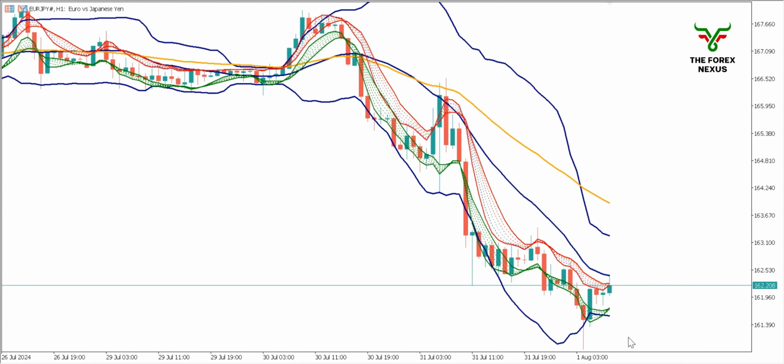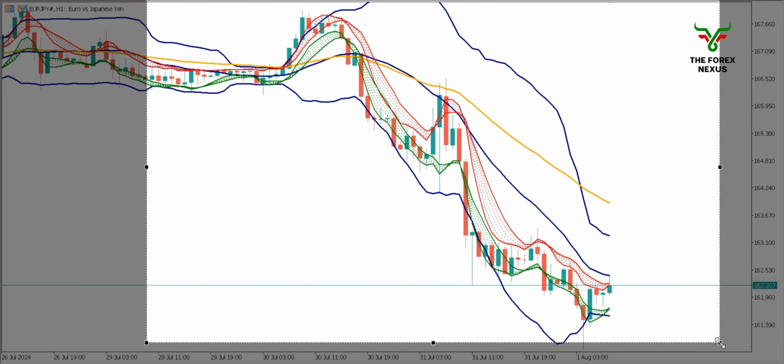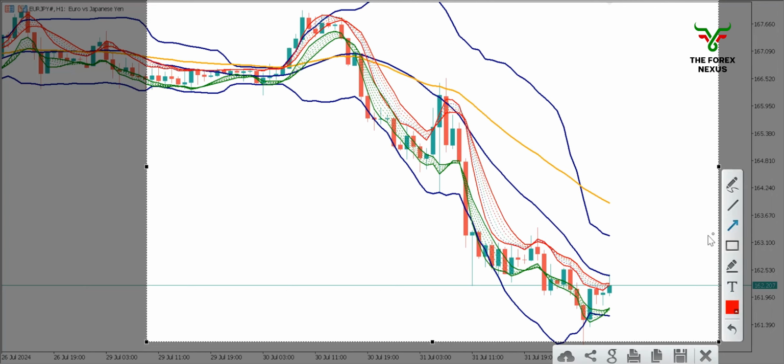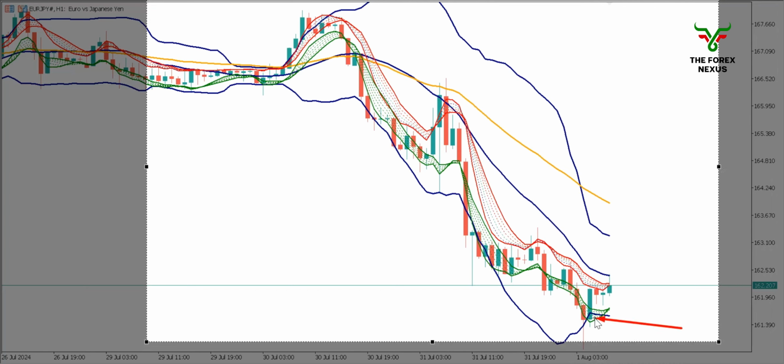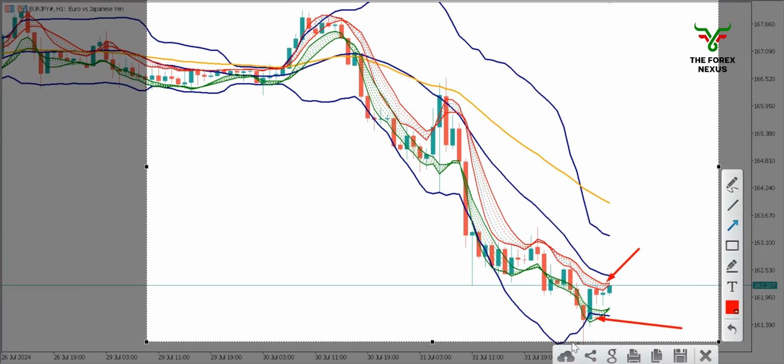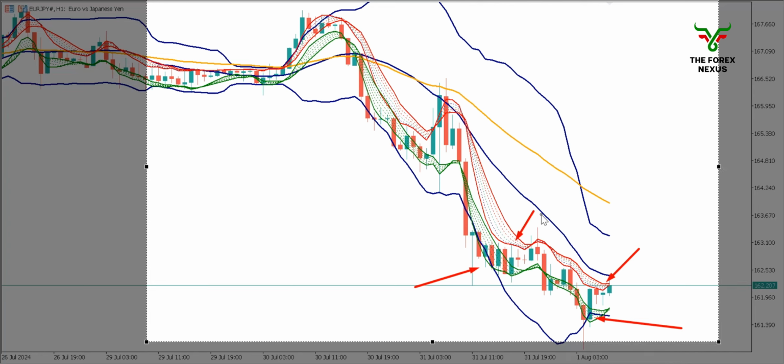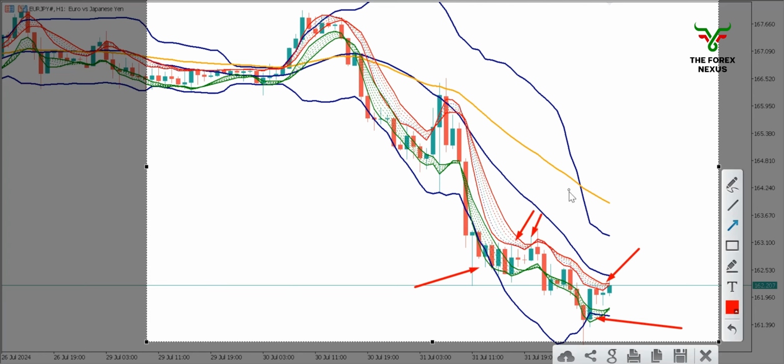Suppose the market is making a re-entry. So here we have an example. The market formed an extreme here, and this is a TP wajib here. And here we also got the extreme, and this is the TP wajib, these areas. Now both scenarios are different.